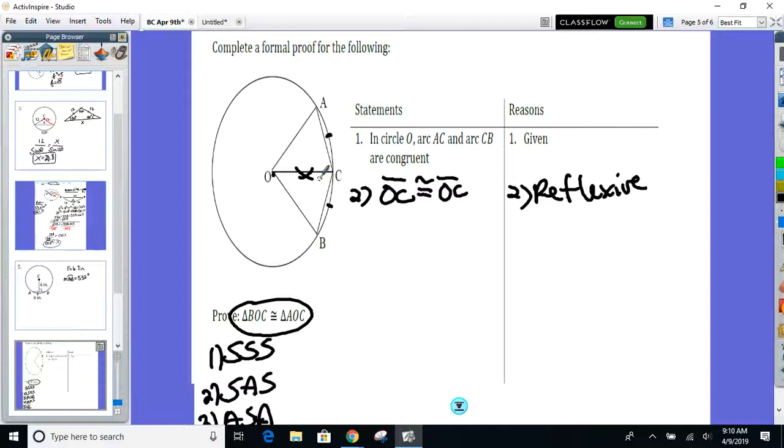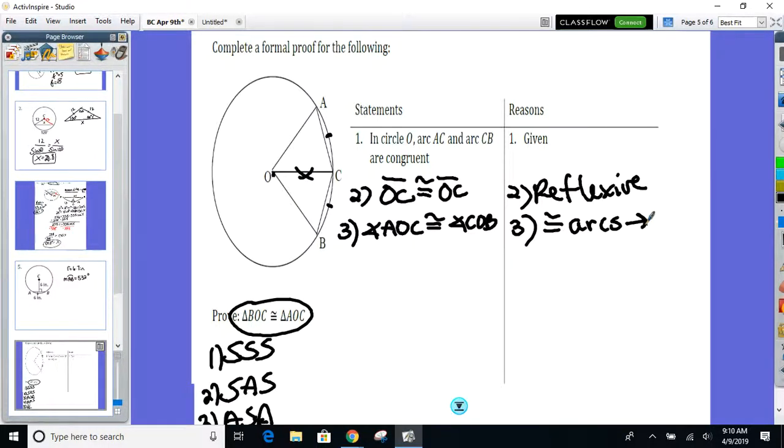Sinead, you're up. Okay, I'll go there. Angle AOC is congruent to angle COB. Need some help, though, with that one. That's going to be a new fact. What was given? What did I give you? Just like we wrote yesterday, congruent arcs imply, what did Sinead just give us?